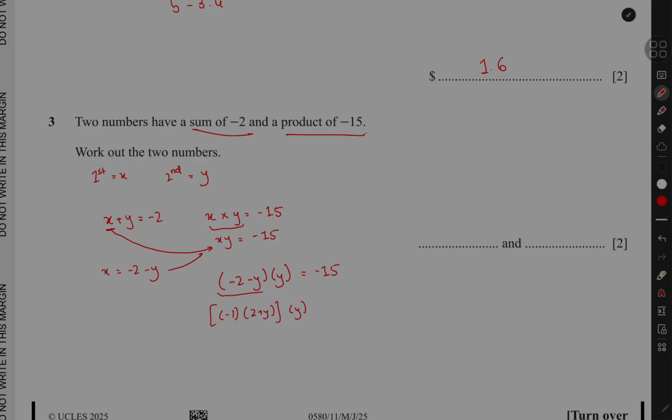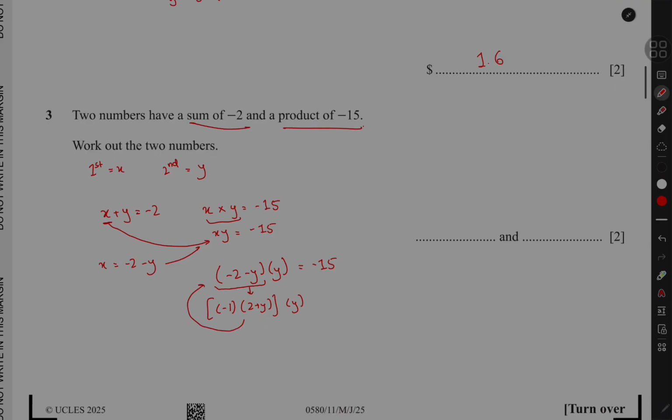I made this thing right here into this thing, and I can change this back into that as well. If I multiply -1 with this, that would give me -2, and -1 with plus y, which will be negative y. So that's the exact same thing. But what I'm doing here is taking out this -1 to make my life easier.